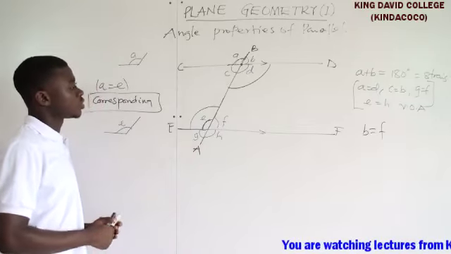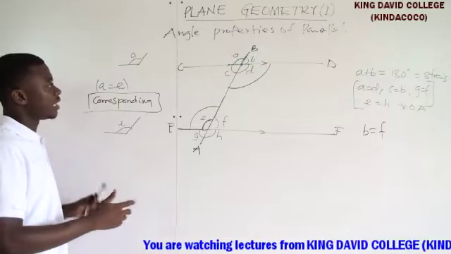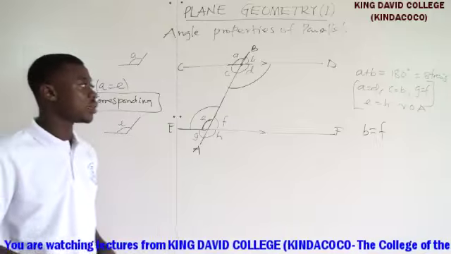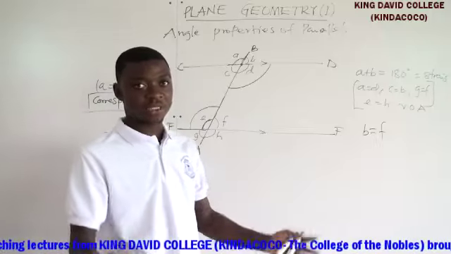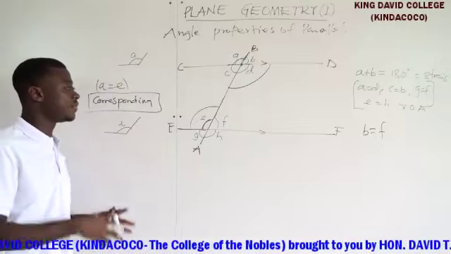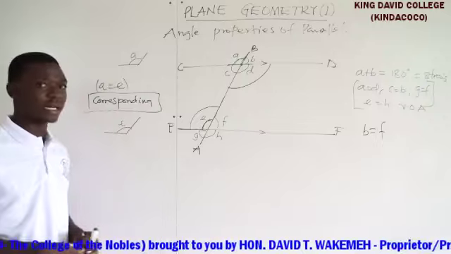Now, we've been able to establish corresponding angles and alternate angles. So let's go to the very last one, which is what we call the co-interior angle.